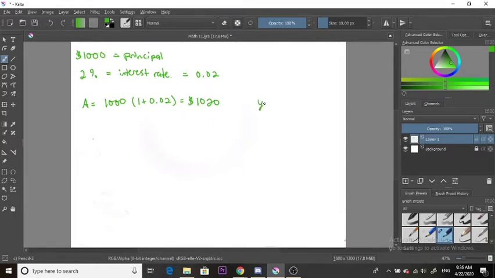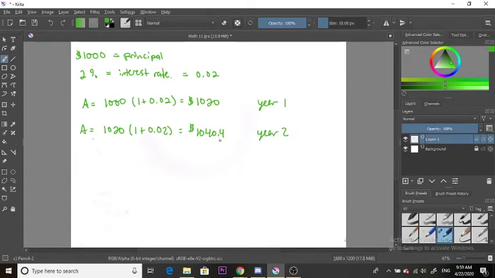So let's say that this is year 1. Let's look at year 2. So we start off with this amount here. We put the same number here. And if we look, we will see that we have now made this much in year 2.